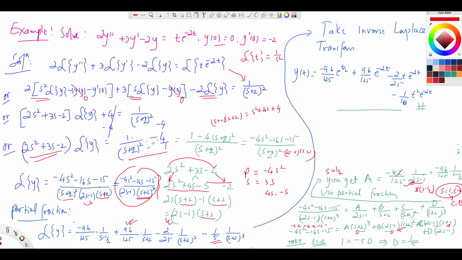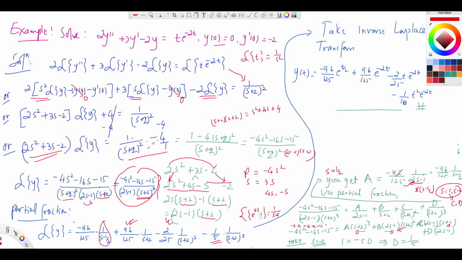Okay, so here, what is the inverse Laplace transform of this term? We know that the Laplace transform of 1 is 1 over s. So if you multiply by e to the positive 1/2 t, then you will get 1 over s minus 1/2, right? Because we know that the Laplace transform of e to the at times 1 will be what? 1 over s minus a.